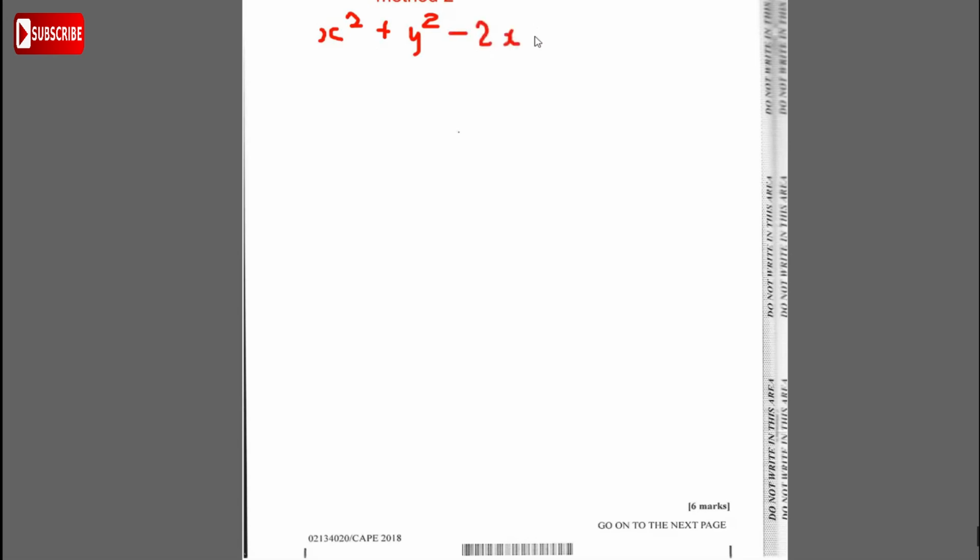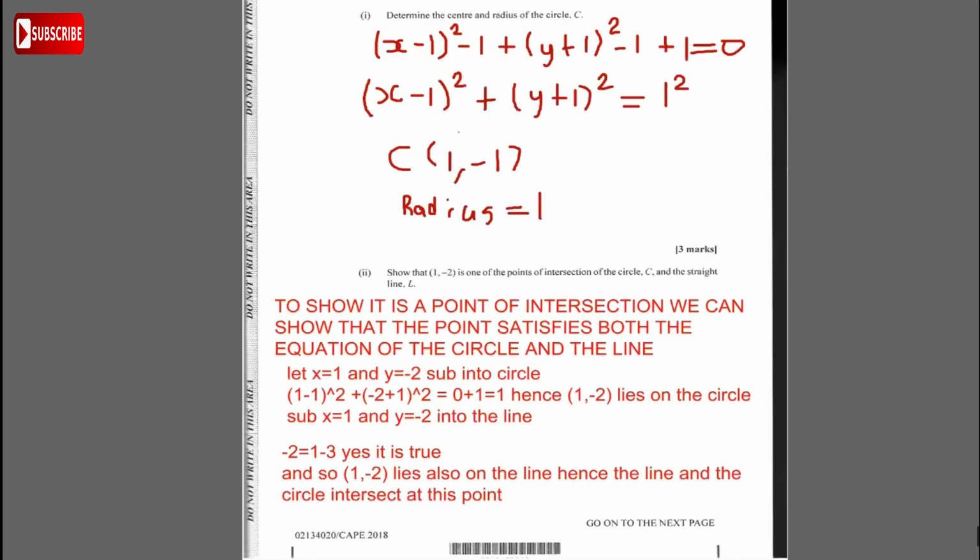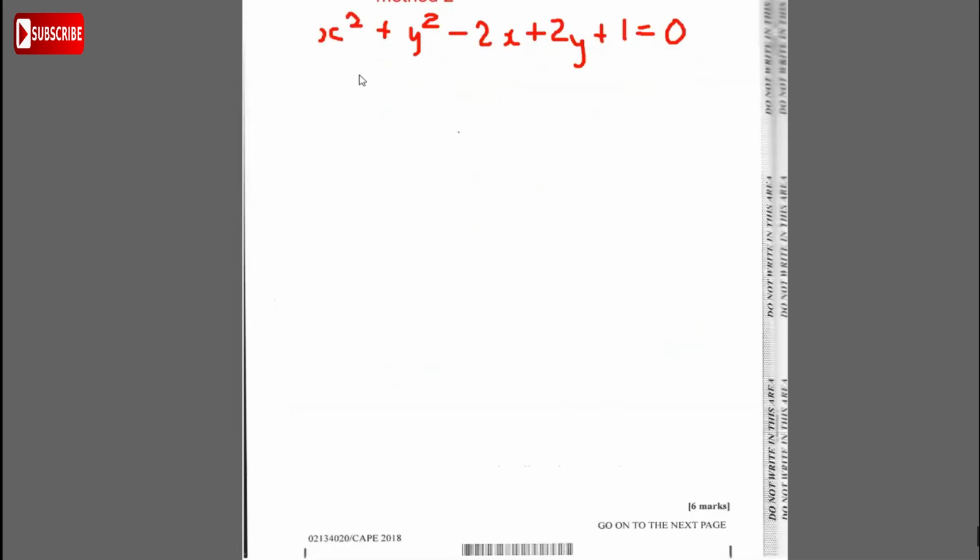Was that it? I think this was the right equation. Let's check back. Yep, we wrote it correctly. And y is equal to x minus 3. So you substitute y equal x minus 3 in here.